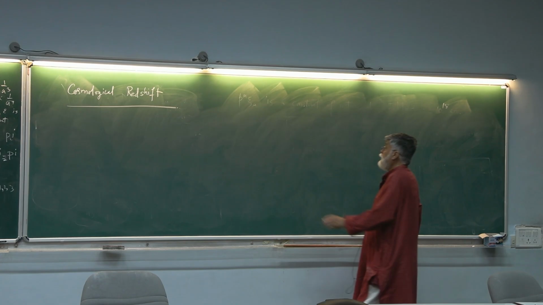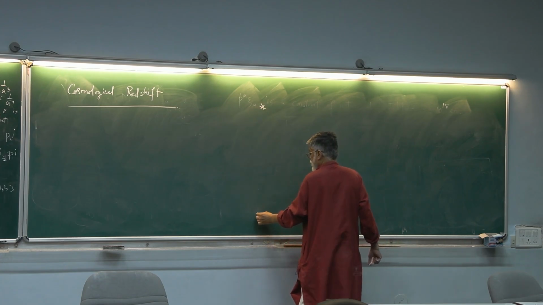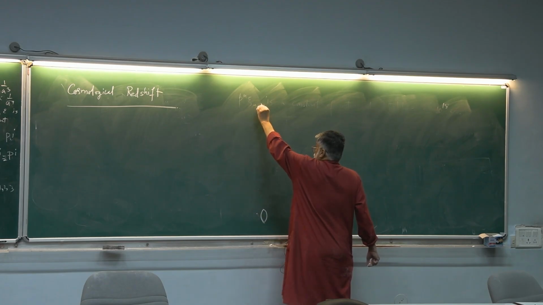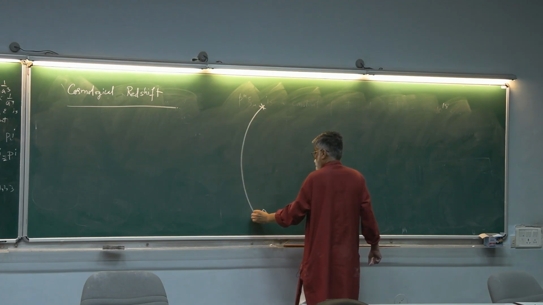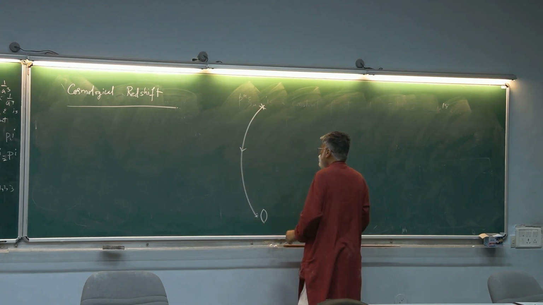So imagine you have an external cosmic source, and here you are the observer, and light is coming from the cosmic source and reaching you here. This is light, radiation.